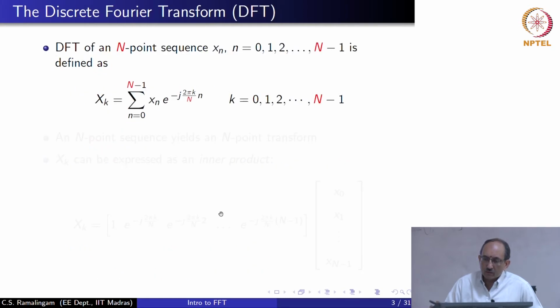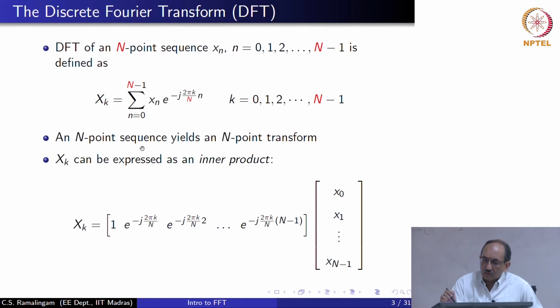So, the first few slides are a very brief review of the DFT. This is what the DFT definition is. So, X[k] is this expression, and we saw that an N-point sequence yields an N-point transform. And we also saw that this can be expressed as an inner product. The kth DFT coefficient can be expressed as an inner product as shown here.